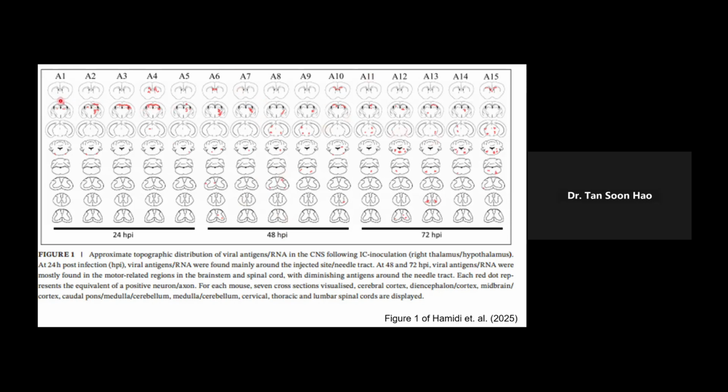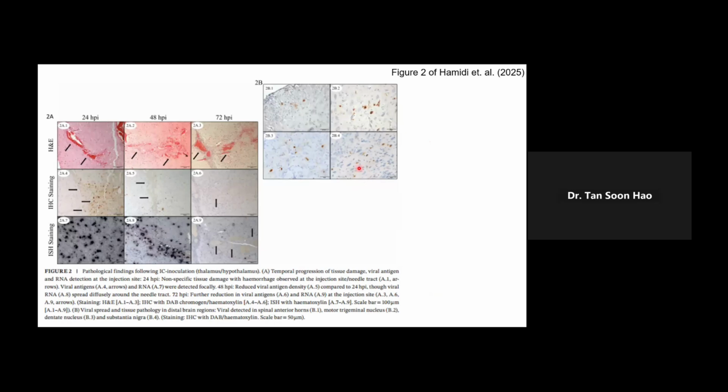Just a brief review. Looking at the thalamus and hypothalamus regions, which is the second row, you can see the injected sites are heavily filled with viral antigens at the early time point, but later clear off at the later time point, whereas the pons and medulla are severely infected at the later time point. So in the histo pictures, if you are interested, of course, you are welcome to get the paper and have a look.